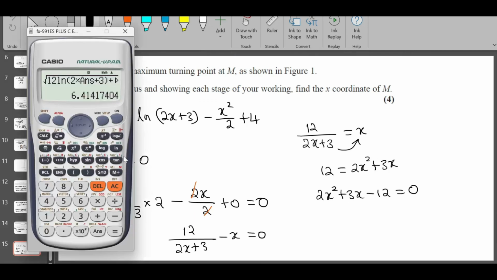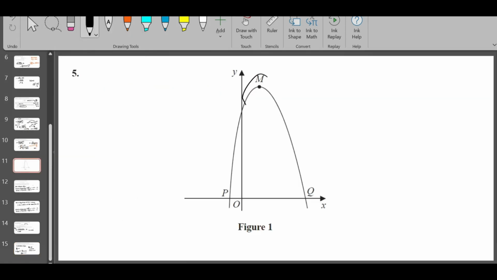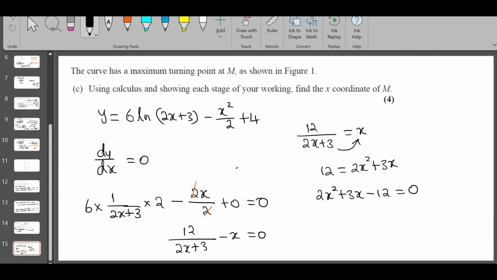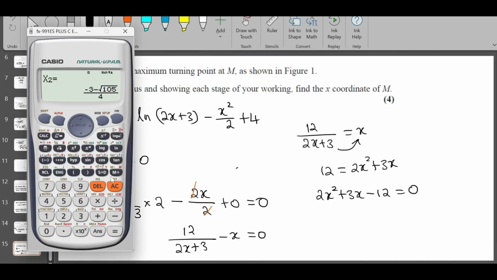And solve it. You're going to use the calculator to solve it. 2, 3, minus 12. Okay. M has a positive x coordinate, right? This is supposed to be a positive number, so we'll take the positive number when we solve it. This is a negative number, ignore it.